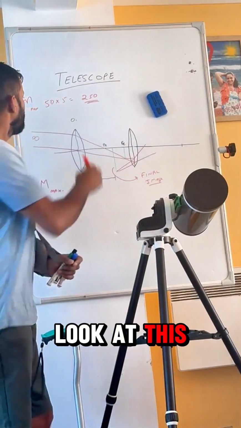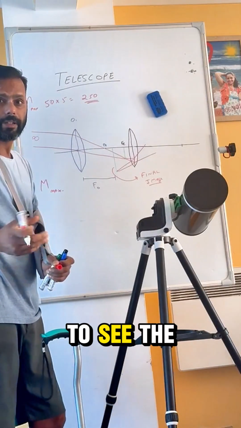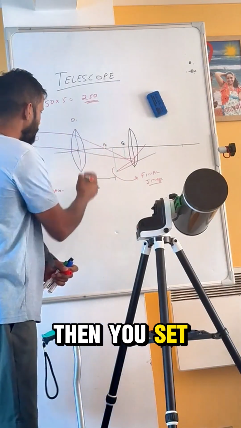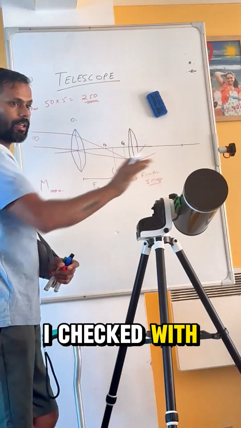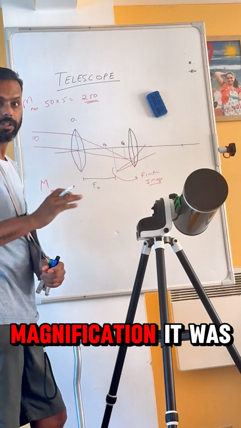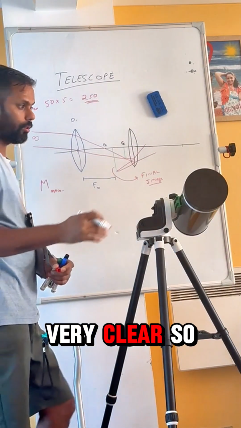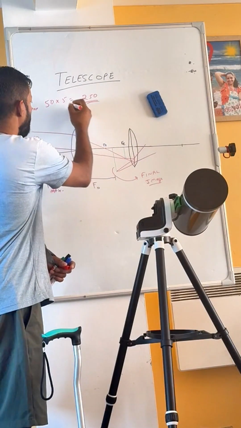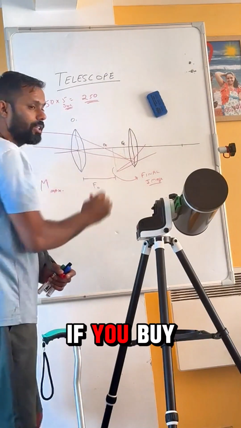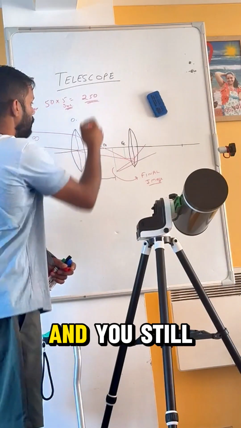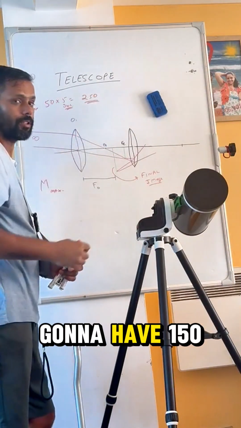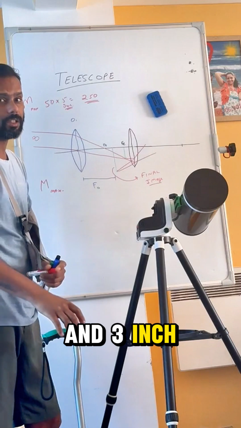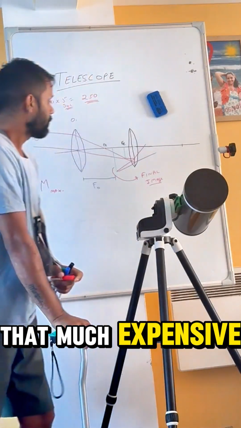For Saturn, I checked with my telescope that at 60 magnification it was very clear. So for 60, if you buy a 3-inch telescope, and this is in inches, guys, you would have 150 magnification, which means you can see the planets, and a 3-inch telescope is not that expensive, guys. Okay, that's the first thing.